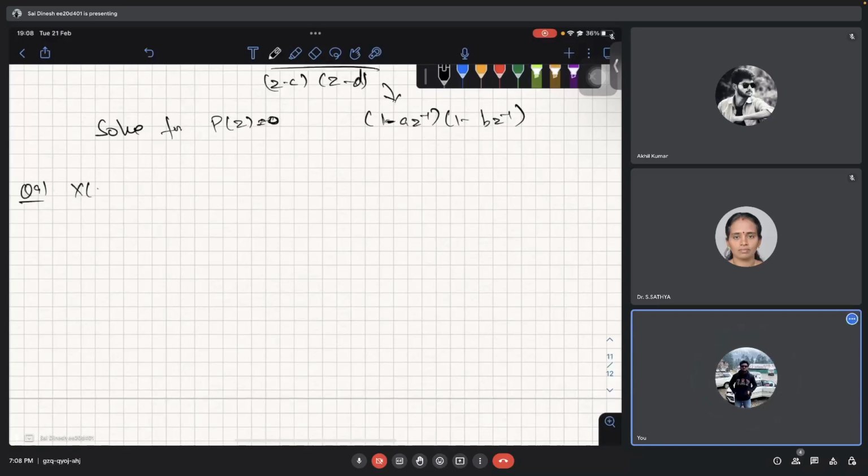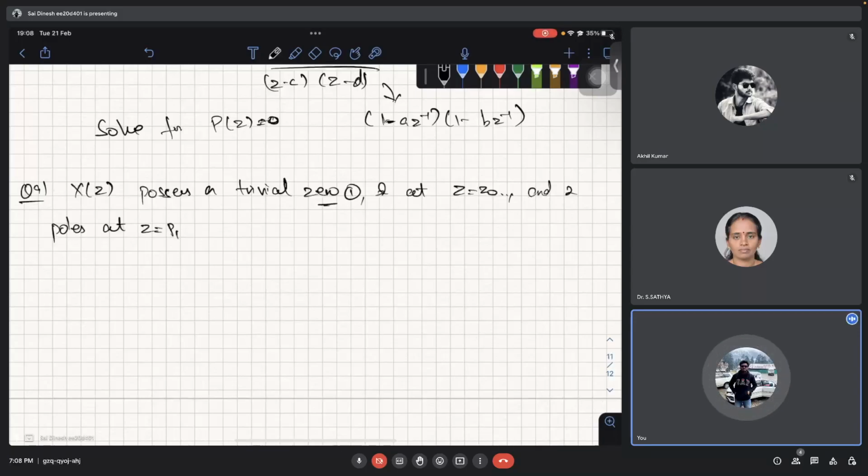Let x of z possess a trivial zero, and a second zero at z equal to z naught, and two poles at z equal to p1 and p2, where we have mod p1 greater than mod p2.